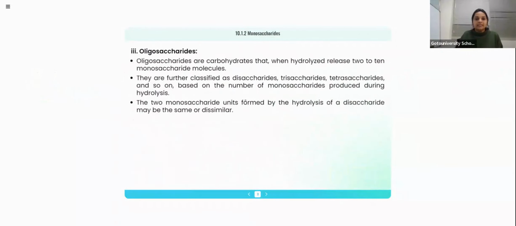Then oligosaccharides. The carbohydrates are classified into mono, poly, and oligosaccharides. What are oligosaccharides? Oligosaccharides are carbohydrates that when hydrolyzed release 2 to 10 monosaccharide molecules. Very important.